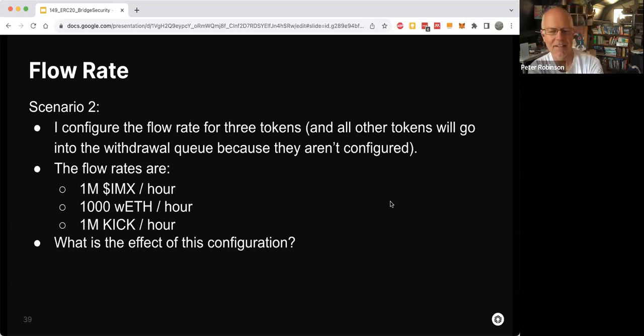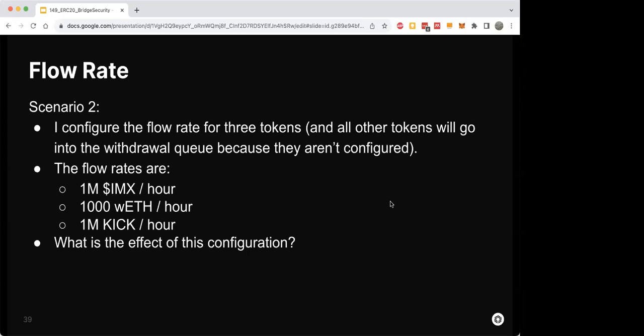What do you think? For me, there is one problem that we need to consider: the threshold for the total flow rate for the 3 tokens, the maximum and the minimum of the total withdrawal.